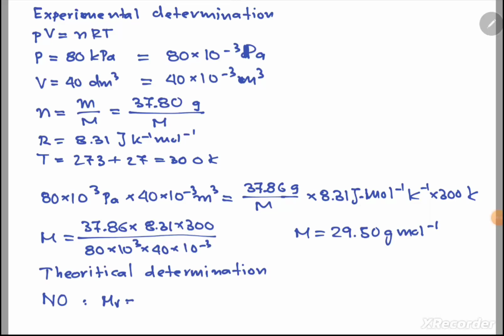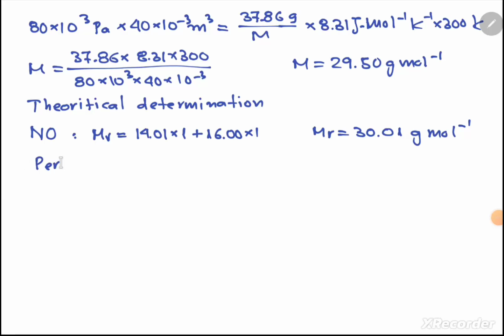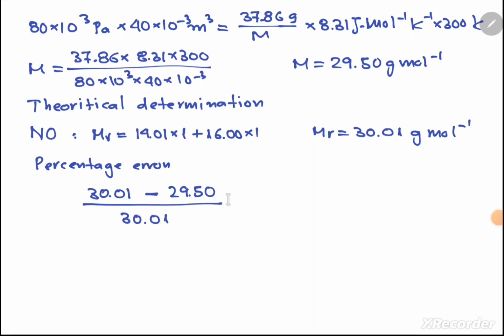So we have MR is equal with 30.01. So we can find the percentage errors. The percentage error is equal from the molar mass we find theoretical minus the molar mass we find experimental, and we divide it with theoretical molar mass times 100. So we have 1.70 percentage error.